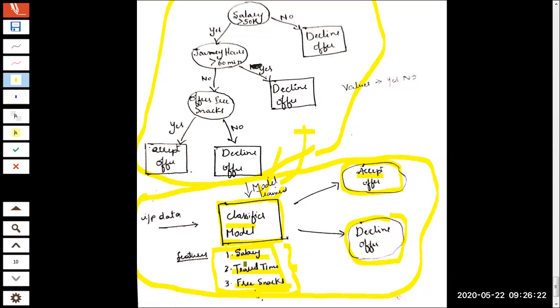For example, among three features, salary, travel time, and free snacks, which attribute should become the root node? That is the first question in place. And the answer to this question is we will compute gain and entropy for each and every attribute, and that will help us decide which feature will become the root node. So as of now, we will assume one node to be the root node, that is salary.